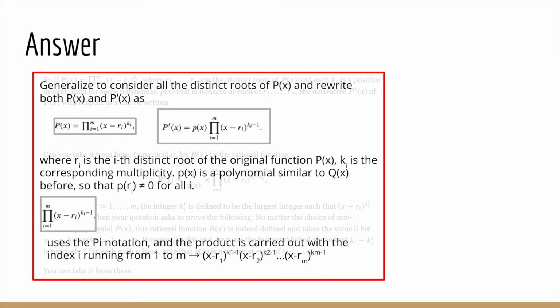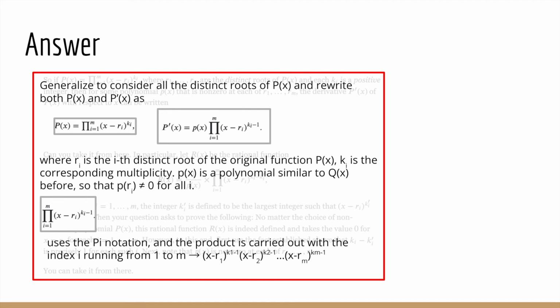Back to the main task. We have to decide if p(x) equal to 0 and p(x) over p'(x) equal to 0 have the same roots. We generalize to consider all the distinct roots of p(x), and rewrite both p(x) and p'(x) as shown here. We use the pi notation to carry out the product with index running from 1 to m over all roots.